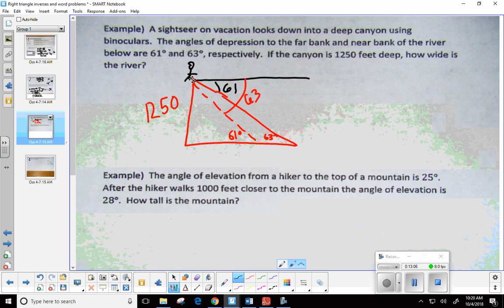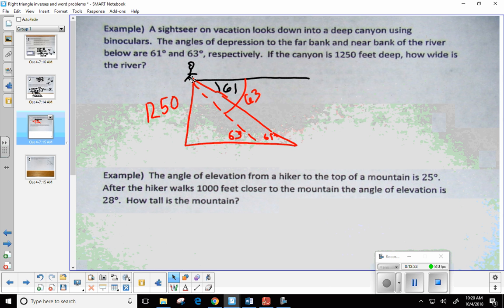And so Juan was right whenever he had these angles down here because like y'all learned yesterday, the transverse angles are just flipped. And so this is going to be your 61 because this is your triangle right here and that's going to be your 63. Does that make sense? Because it's the opposite interior angle. Okay, cool.